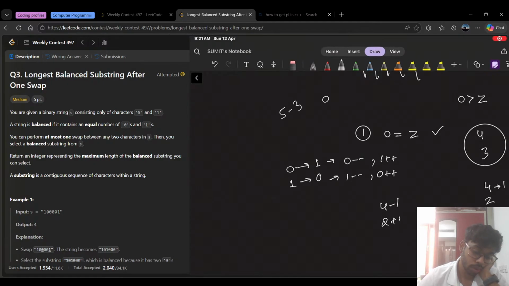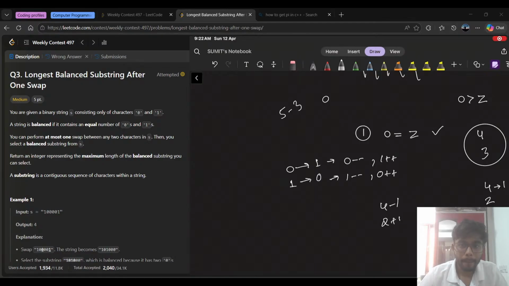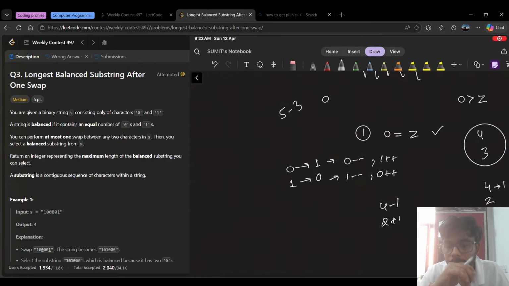What I need to check? If one's count is greater than 0, this count, I think here the balancing of the count is causing the real problem.